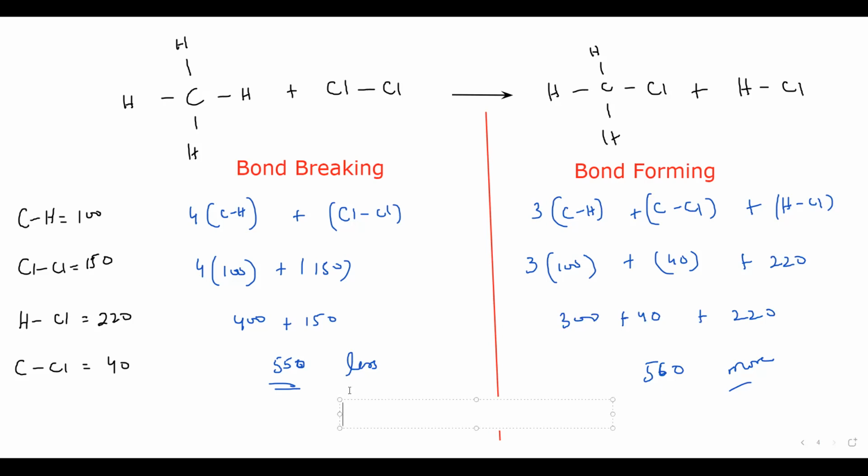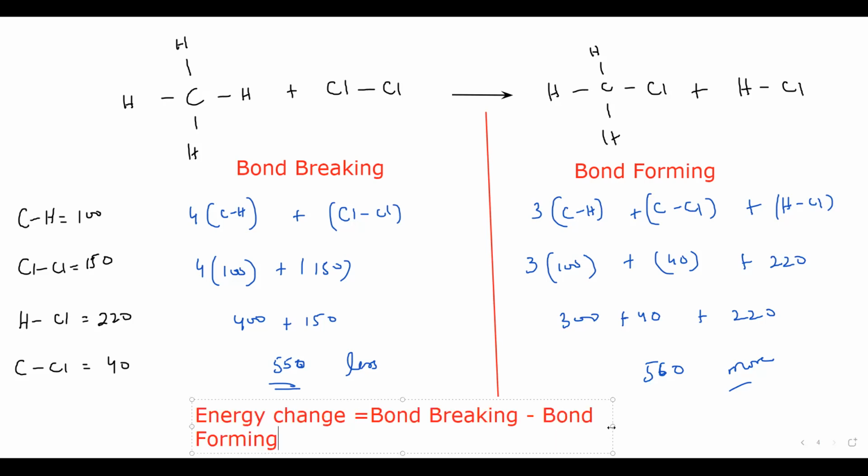We can also calculate the energy change. The formula is the bond breaking energy minus the bond forming energy. The bond breaking energy was 550, minus bond forming energy, that is 560.